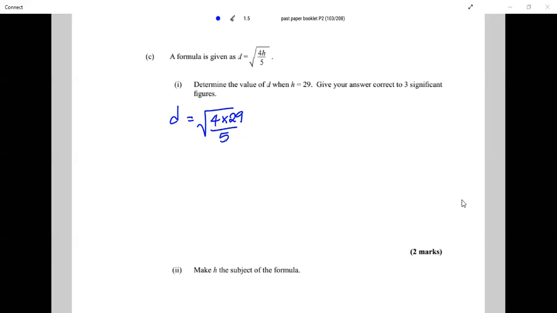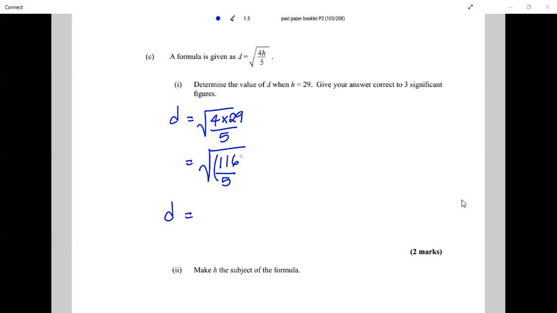So therefore, D would be equal to the square root of 4 times 29, which is equal to 116 over 5.